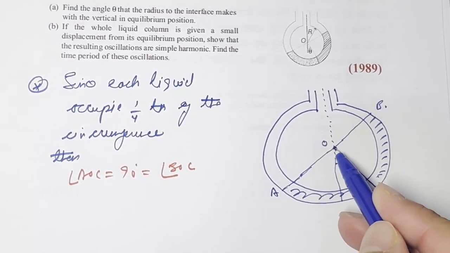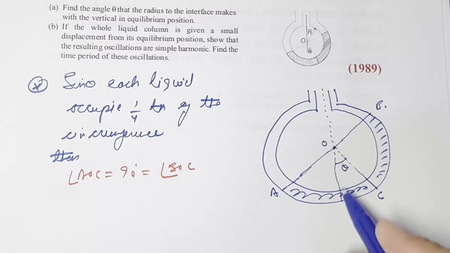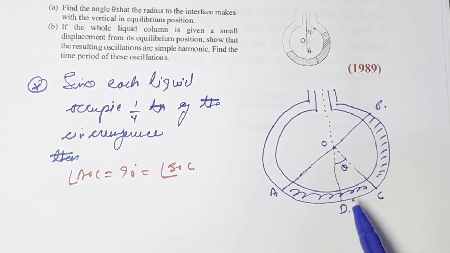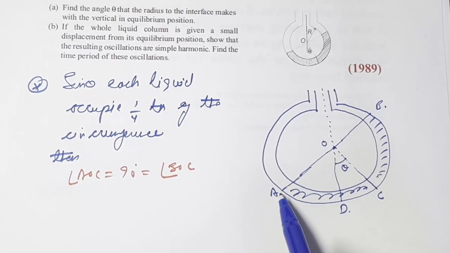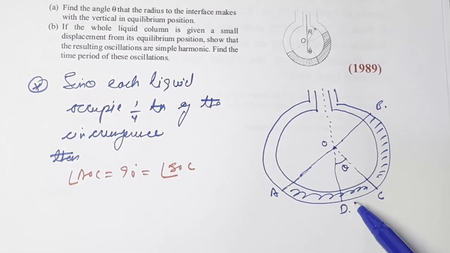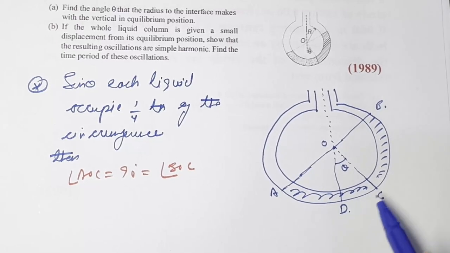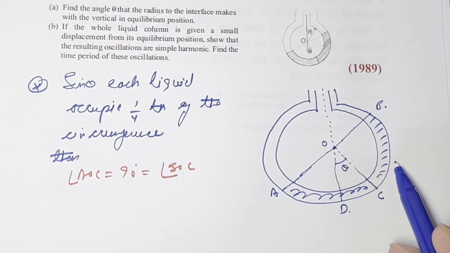Let this be directly the midpoint of this entire system. Let us call this point D, and we can say the pressure at this point D in equilibrium will be equal. It means the pressure because of the liquid in AD will be equal to the pressure because of DB. In the DB there will be two types of liquid. One will have a density of ρ, and another one will have a density of 1.5ρ.